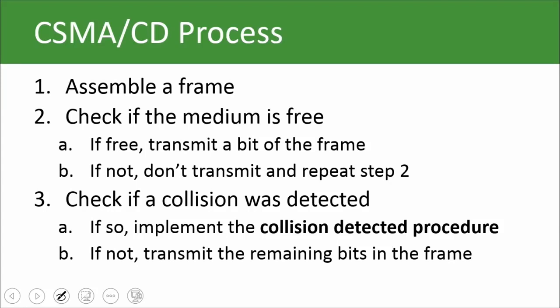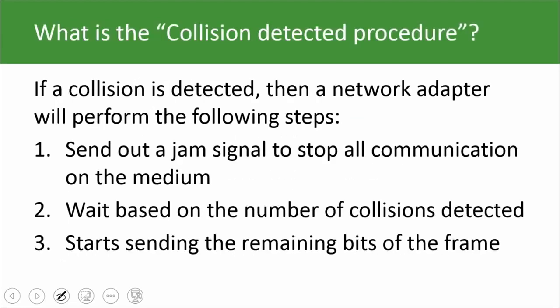If it's free, it transmits a bit, and if it's not, it goes back and listens again. So if the medium isn't free, it's going to go back to checking to see if it is. And if a collision is detected, it implements something called the collision detected procedure, which we'll detail in just a second. And if not, it just keeps sending all the bits in the frame. All right, so let's check out that collision detected procedure.